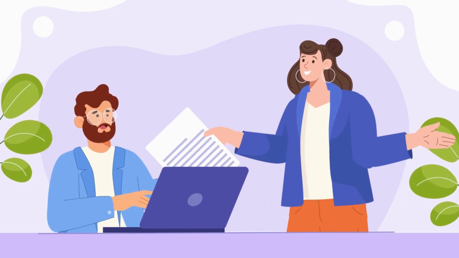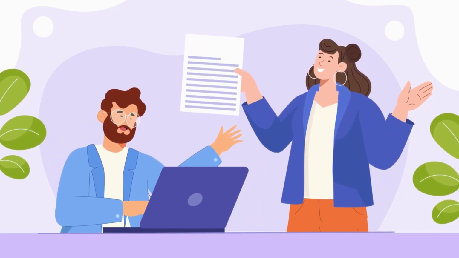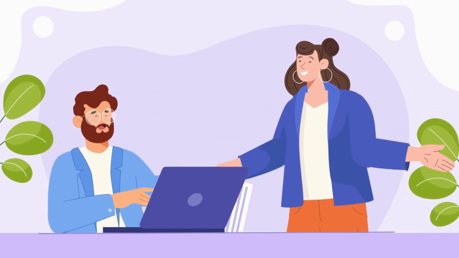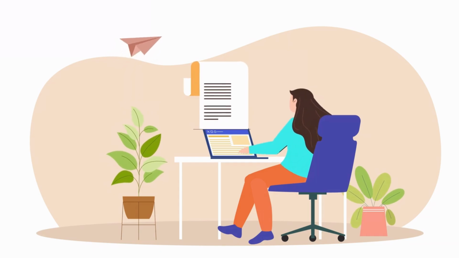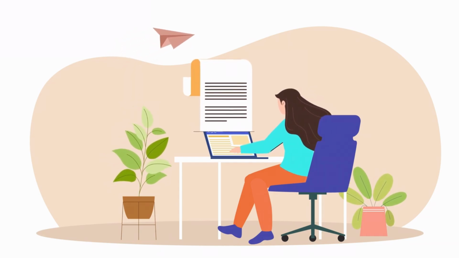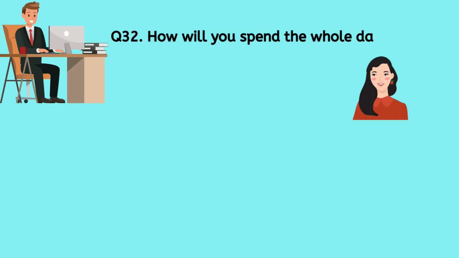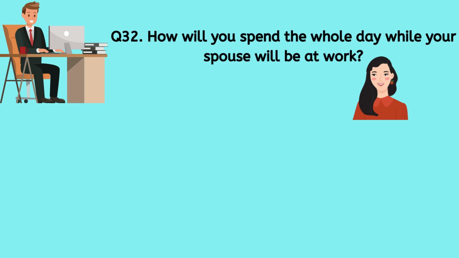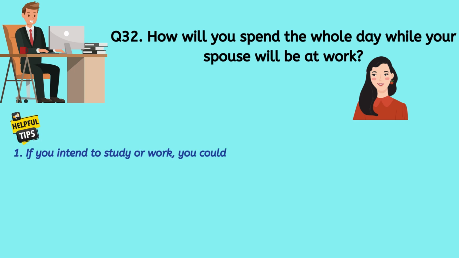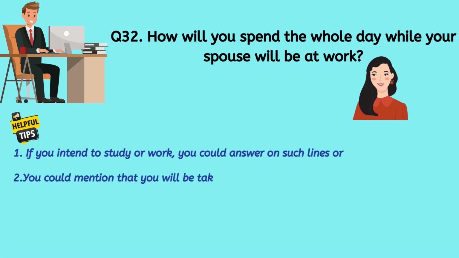Now friends, if you are currently employed and you answer that you will either quit your job or you will take a leave from your current employment, then the visa officer might ask you, how will you spend the whole day in United States while your spouse will be at work? Now here there are different ways in which you can answer this question. If you intend to study or work, you could answer on those lines.